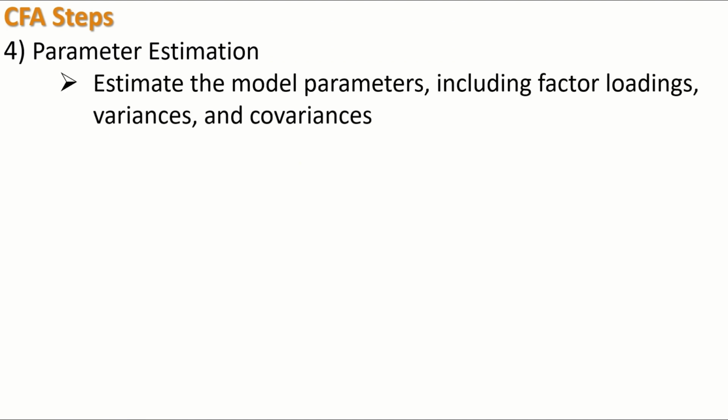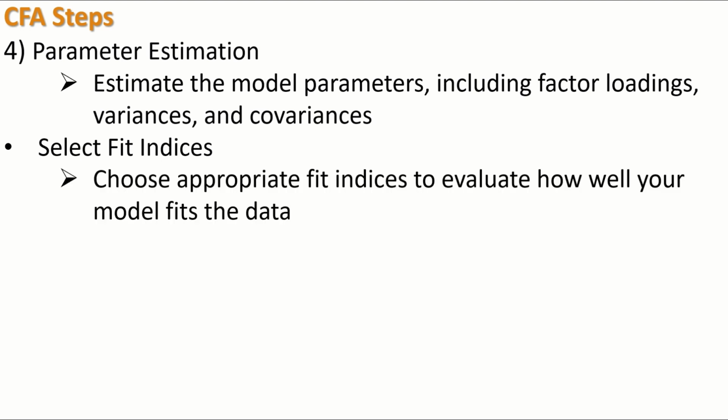The next step is to estimate the parameters. Parameter estimation means estimating the model parameters, including factor loadings, variances, and covariances, and choosing the appropriate fit indices to evaluate how well the model fits the data.